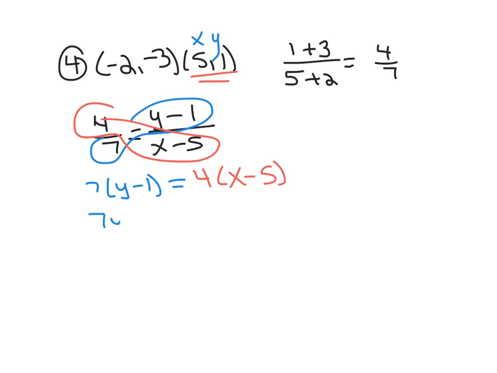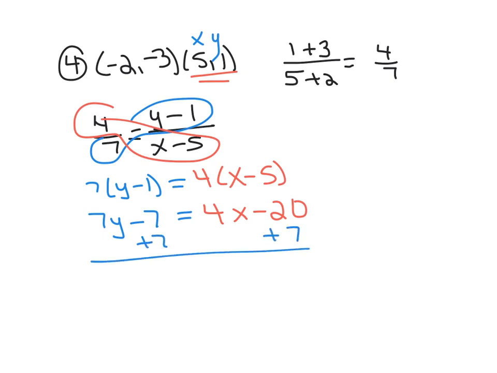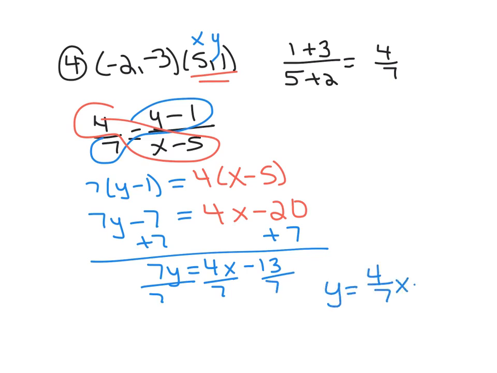Distribute: 7y minus 7 equals 4x minus 20. Plus 7, plus 7: 7y equals 4x minus 13. Divide, divide, divide. y equals 4/7 x minus 13 over 7.